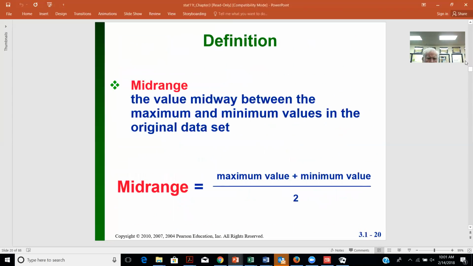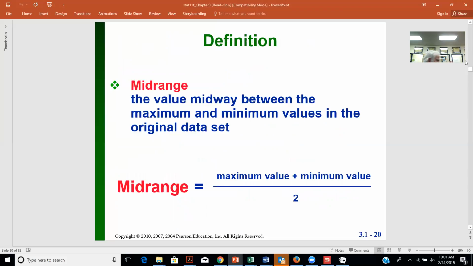We talked about the mid-range, which is the highest value plus the lowest value divided by 2. Again, it is a good way to estimate where the middle of the range is.